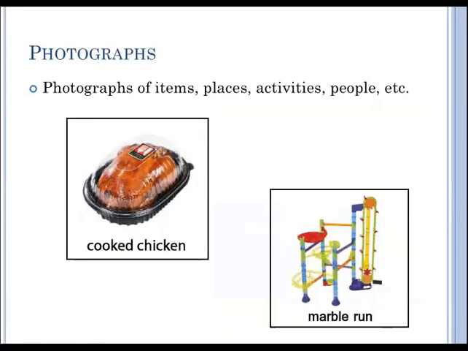You see the two pictures on your screen. The items, the cooked chicken and the marble run, pop out really clearly from a plain white background. There isn't any distracting information in the background. There aren't a bunch of other toys. There isn't other food. It's just the chicken, just the marble run. When you're thinking about photographs, that's something you would be looking for as well.